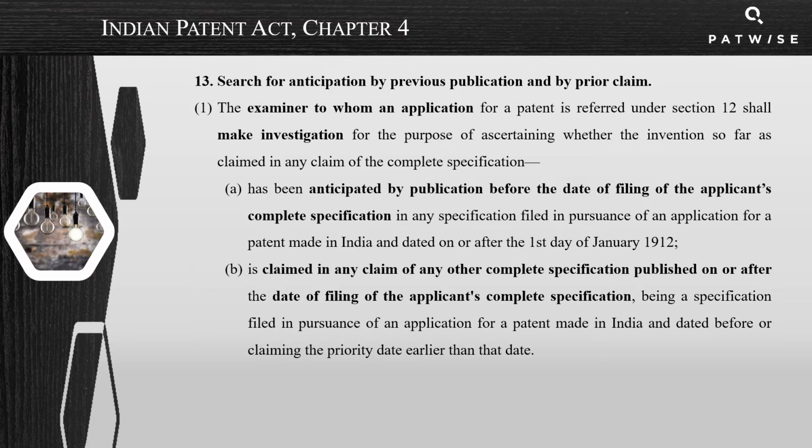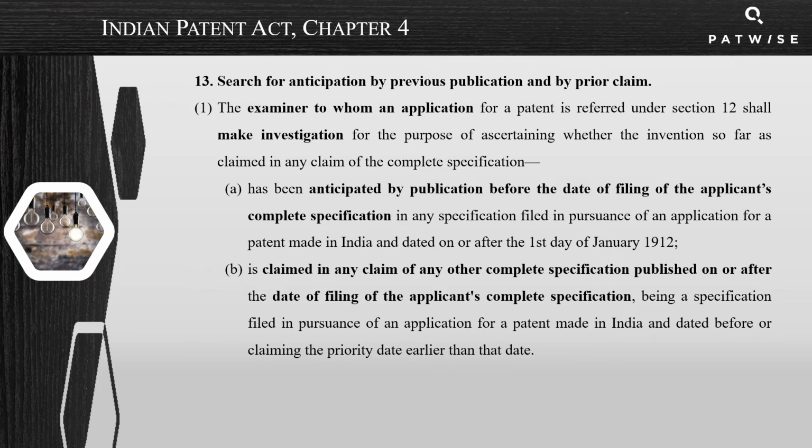Now subsection B, which is 13.1(b), talks about any patent application wherein the invention in question is claimed, where that particular application is published on or after the filing date. However, that application has a priority date earlier than the filing date of the application in question. So you search for previous publication and you search for previous claim.